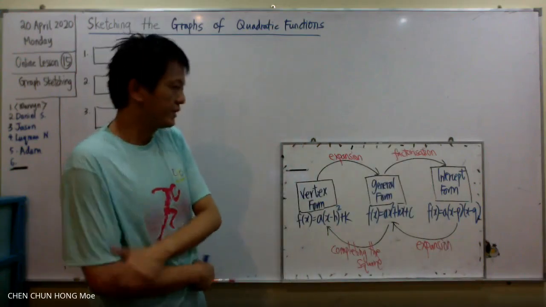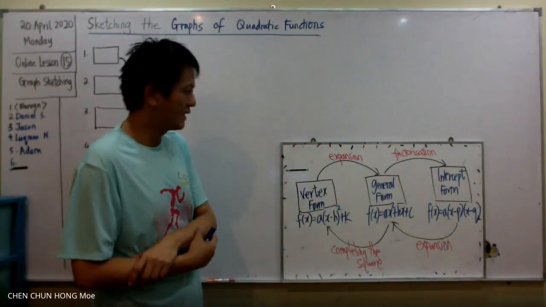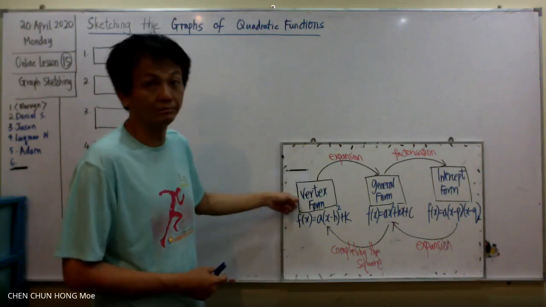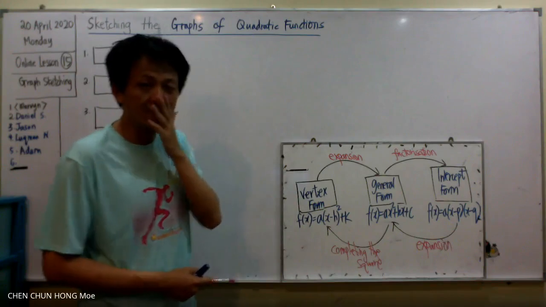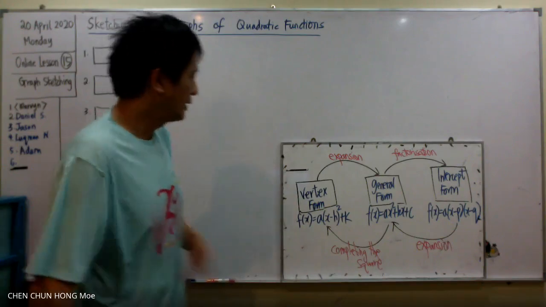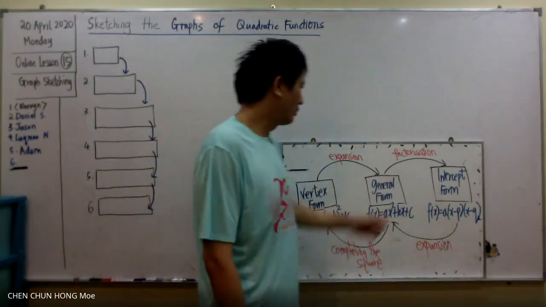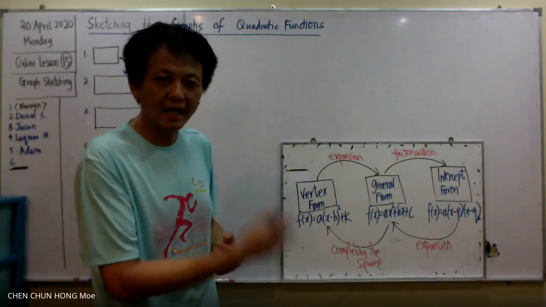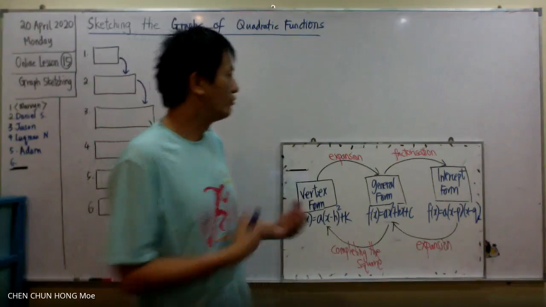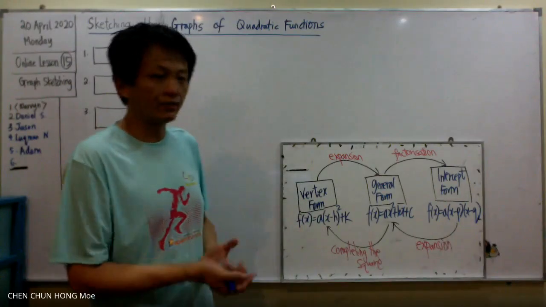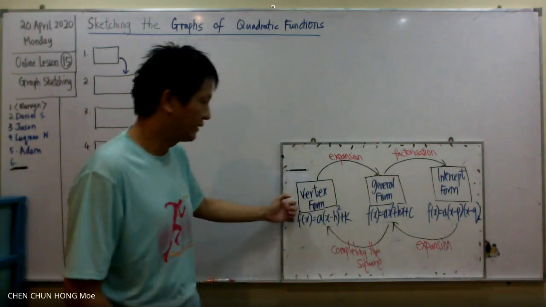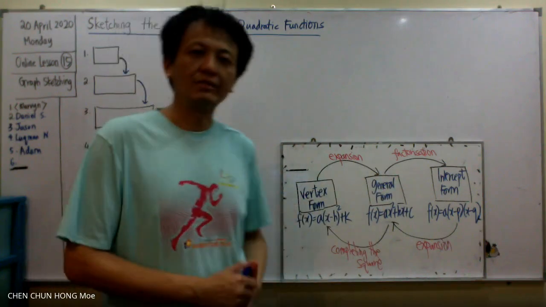So some students only learn one method, meaning they can only sketch if the function is in vertex form. That is not so flexible. If you are given intercept form or general form, you cannot sketch anymore, and the student will need to spend time converting or transforming from intercept or general form back to vertex form before that student can sketch.